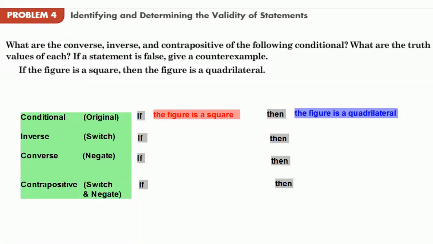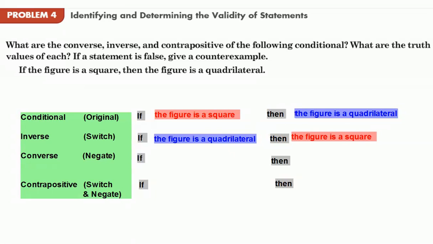The inverse is to switch the hypothesis to the back and the conclusion to the front. So I'm going to move the conclusion to the front, and I'm going to move the hypothesis to the back. Now we read the statement.